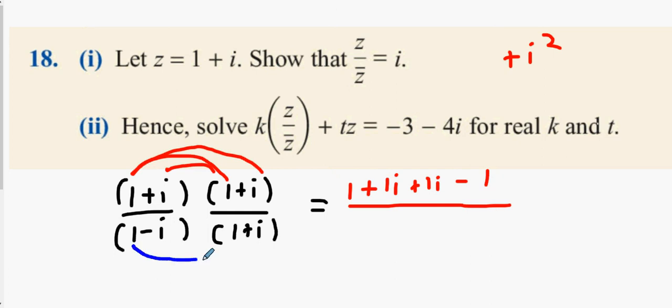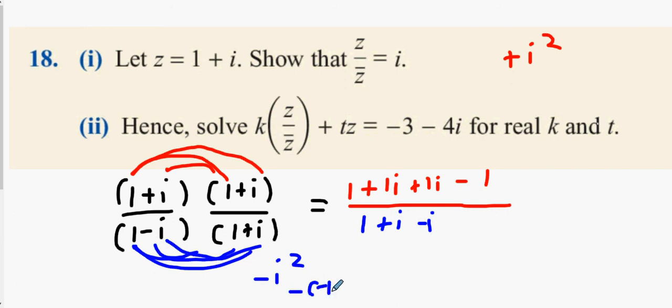Connor, the bottom one. 1 plus i minus i. Minus i squared, which is minus 1. Yeah, thank you, Neil. Alright, on the top we have 2i, and on the bottom 2. There we go, a really easy question here. So, Max, what's 2i divided by 2? i. Go on.